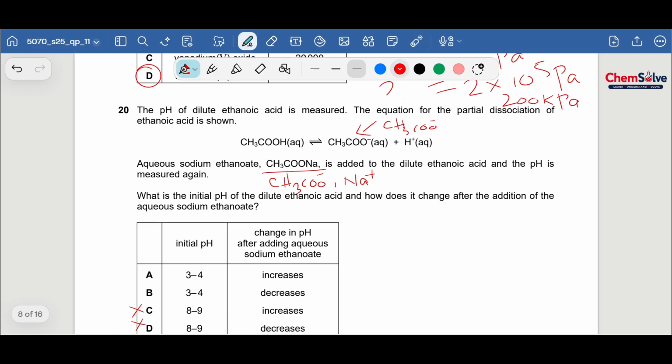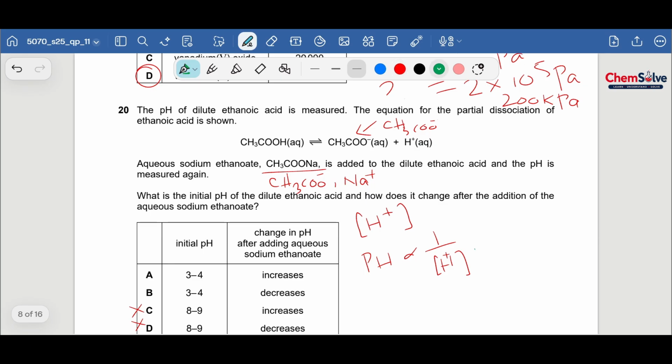When it moves towards the left hand side, the concentration of hydrogen ion will decrease, and we know that pH is inversely proportional to hydrogen ion concentration.